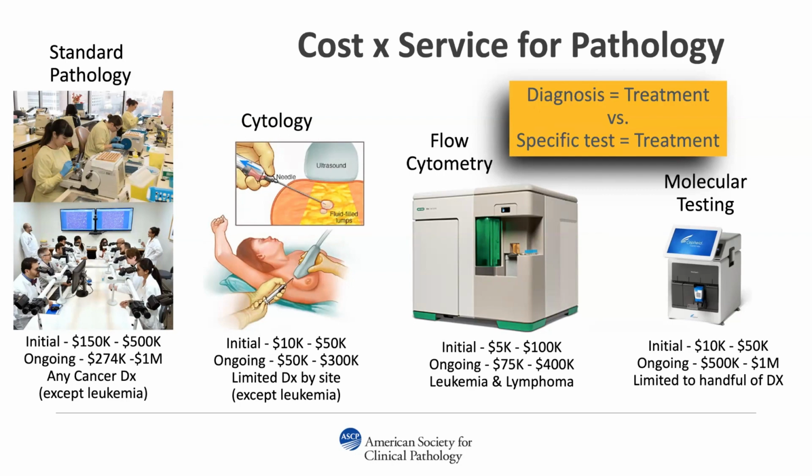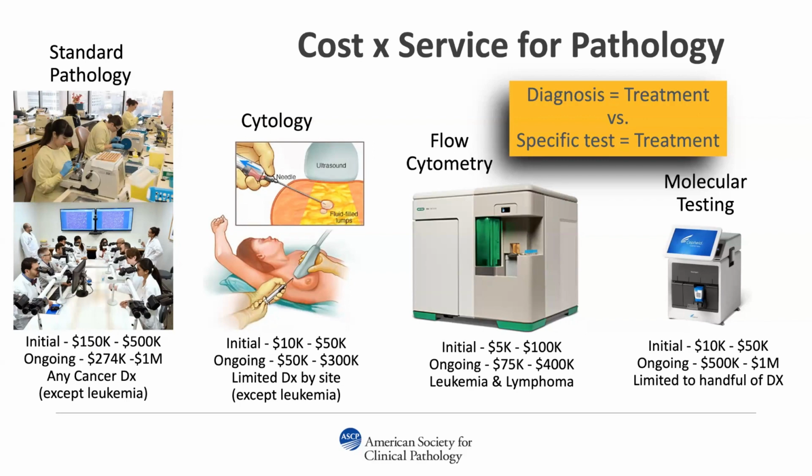Our next service is flow cytometry. This can have a low initial cost if you have a rental reagent lease agreement, but it can have a higher cost if you have to buy the equipment. And then the ongoing cost is not unreasonable depending on the number of patients. And this is great for leukemias and lymphomas. And then there are some other non-oncological uses of flow cytometry.